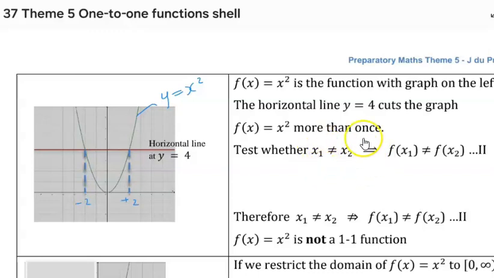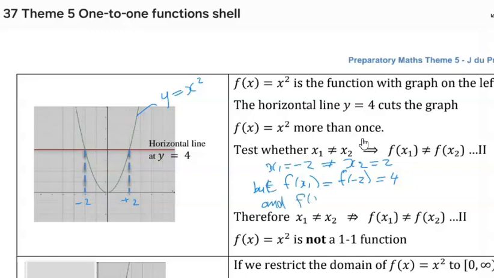So in this case we have x1 equal to -2, which is unequal to x2, equal to 2. But f of x1, which is f of -2, is equal to 4, and f of x2, which is f of 2, is also 4.